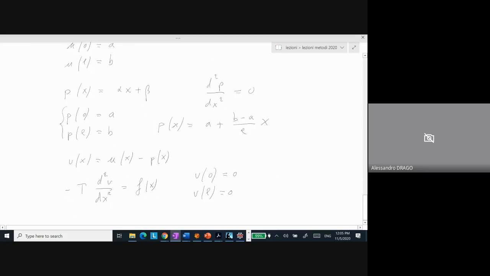So essentially, what we do when we have these non-homogeneous boundary conditions is, first of all, we introduce this auxiliary function that satisfies the two non-homogeneous boundary conditions.